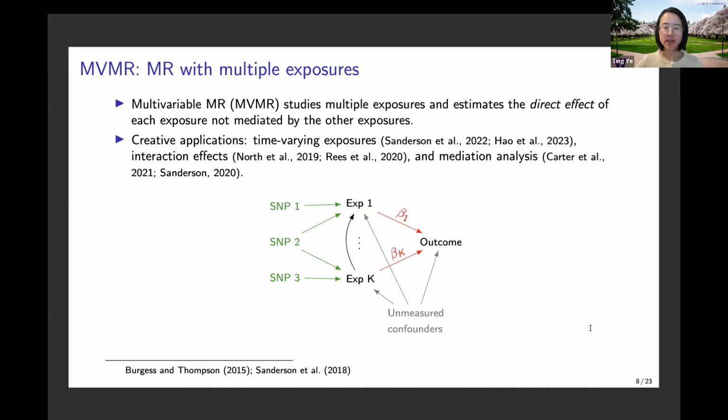And in this case, the MVMR will estimate the direct effect of each exposure on the outcome that's not mediated through other exposures. And this is helpful for us to disentangle which of these K exposures is really causal in this system of variables. And there are also a lot of creative applications of MVMR to studying time-varying exposures and interaction effects in mediation analysis.